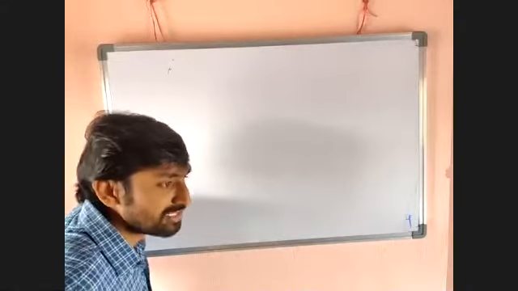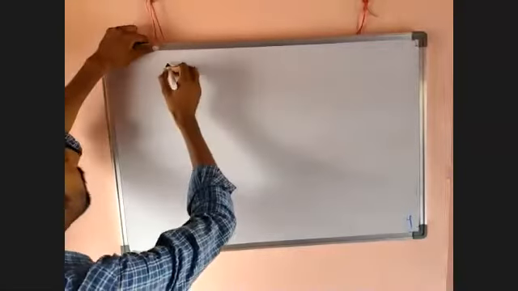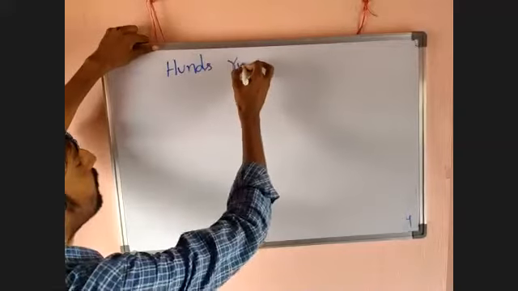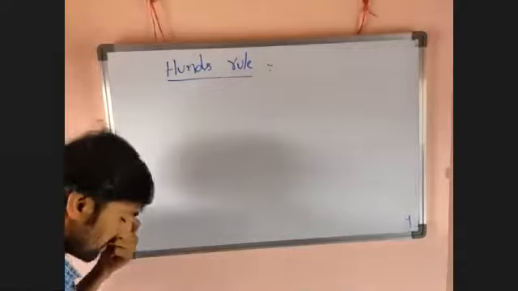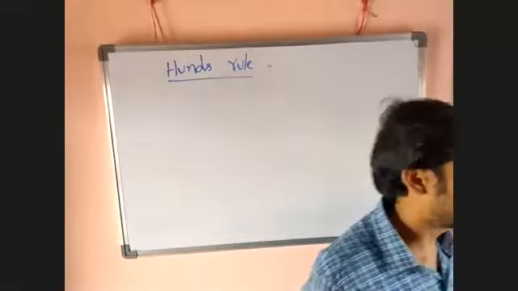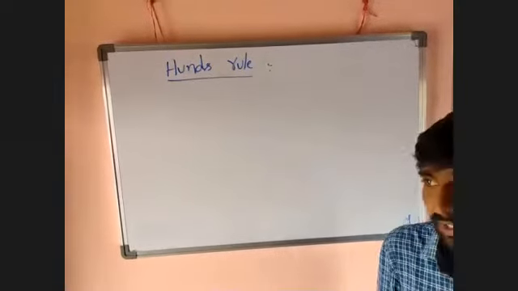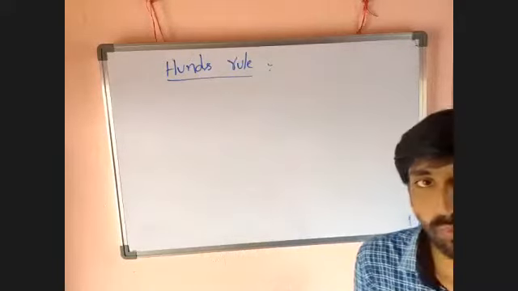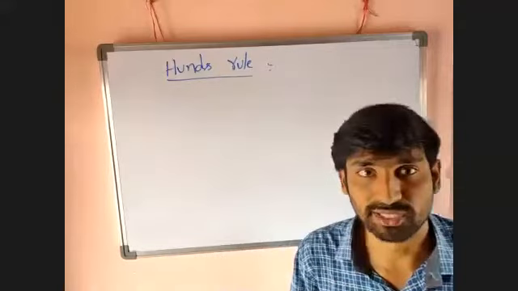So next is Hund's rule. It is the last rule in atomic structure. What does it state? In case of degenerate orbitals, pairing of electrons takes place only after partial filling of degenerate orbitals.